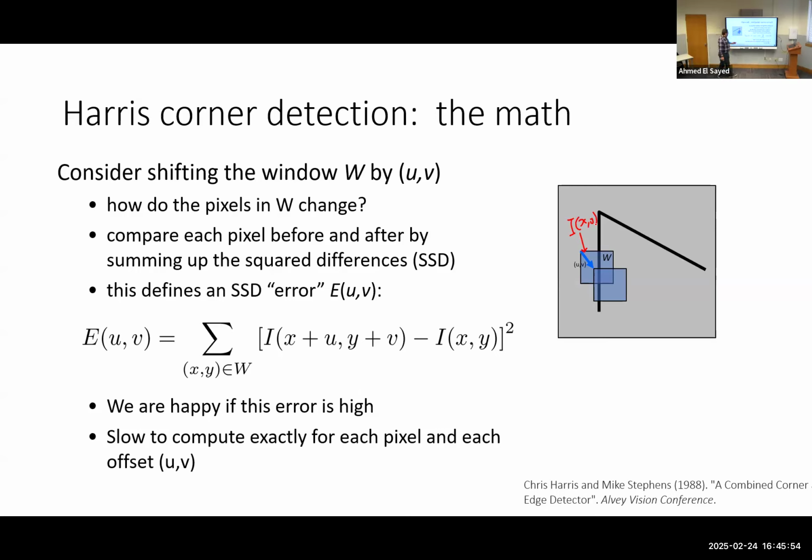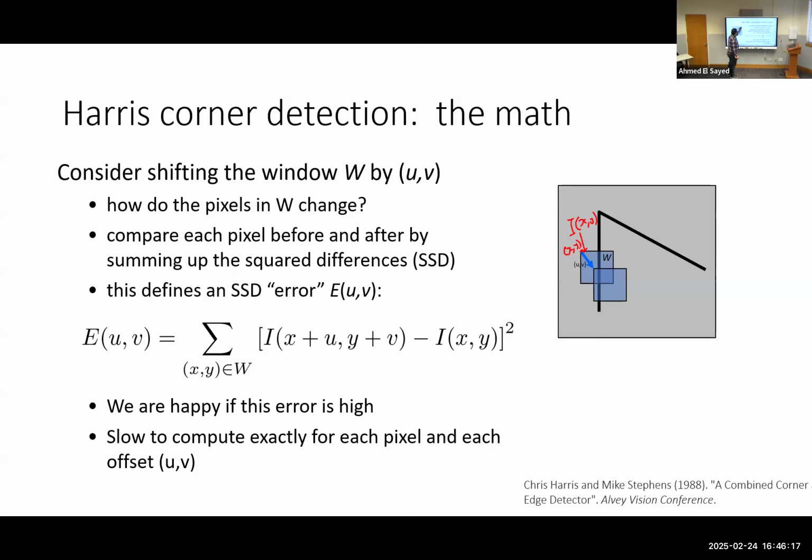Okay, so this point is x and y. Now I will shift this window with a value u and v. The shift in the x direction will be u, the shift in the y direction is v.